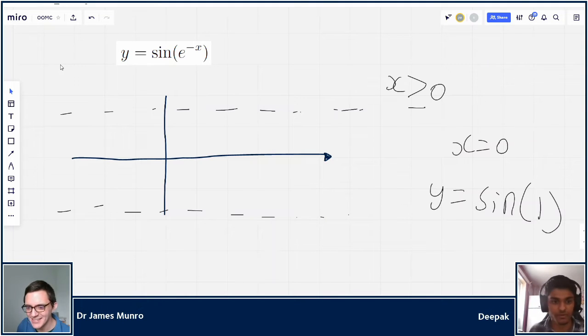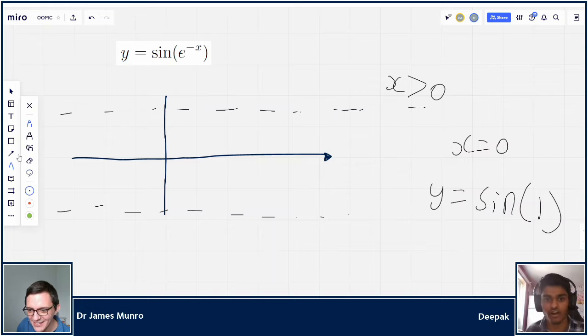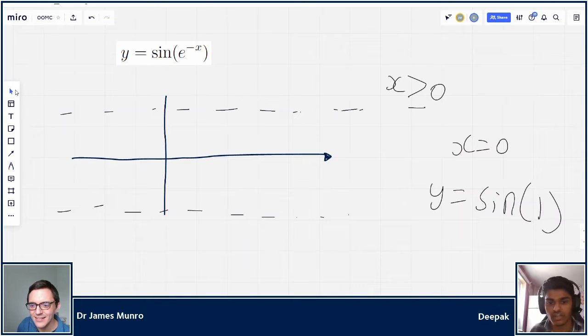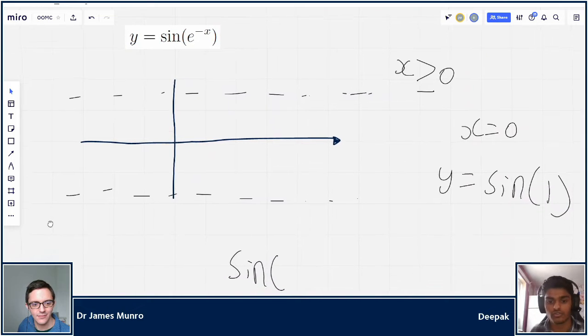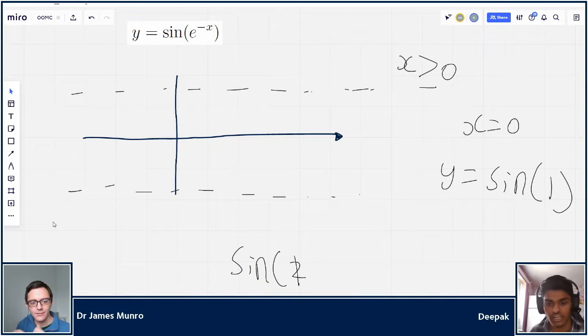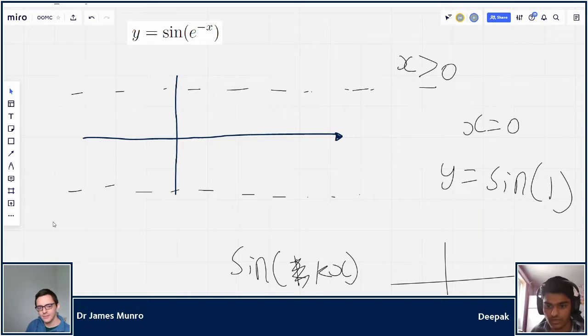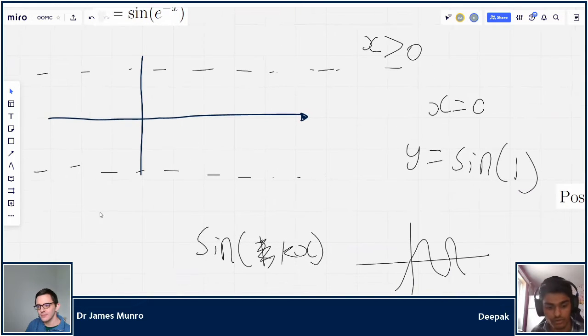Okay, I'm going to go on a bit of a tangent about sine of a function. Let's take a look at sine of kx. If you think about this for different values of k, you'll notice that as k gets bigger, it looks like a sine wave, but compressed.